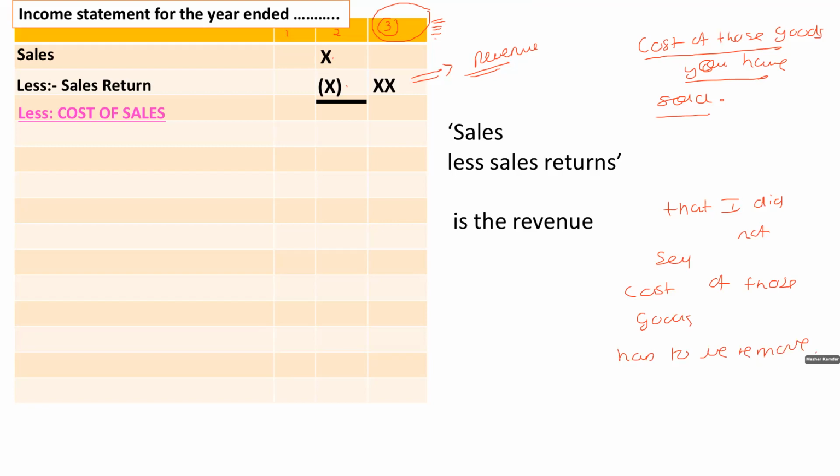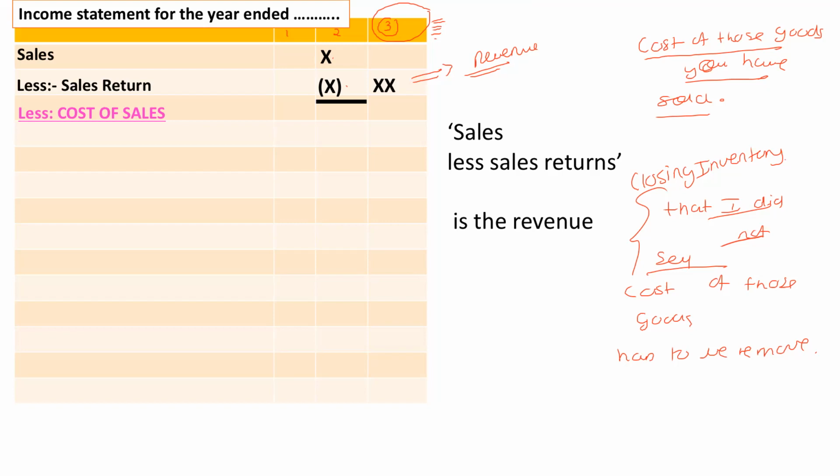From the revenue, that is sales less sales return, I will subtract the cost of those goods that I have sold. So the goods that I did not sell will have to be removed from the cost of sales. Do you know the goods that you do not sell are called what? It is called your closing inventory. So the closing inventory has to be removed when you calculate the cost of sales.